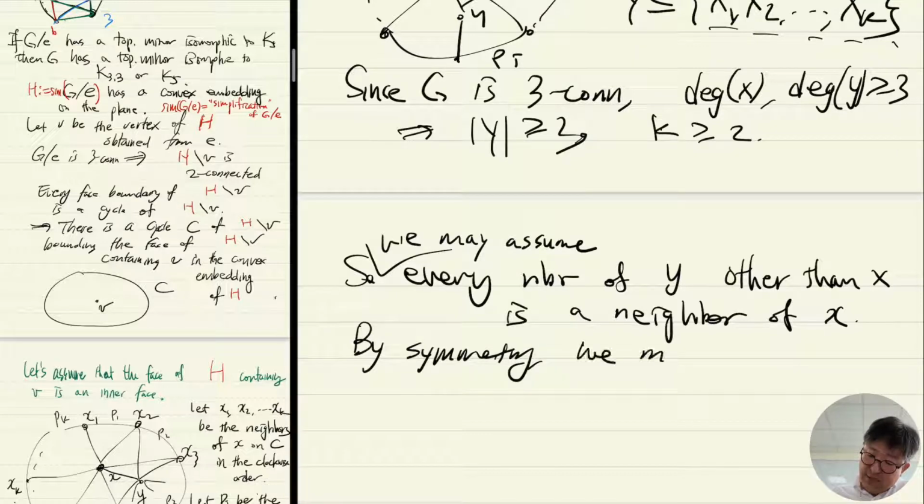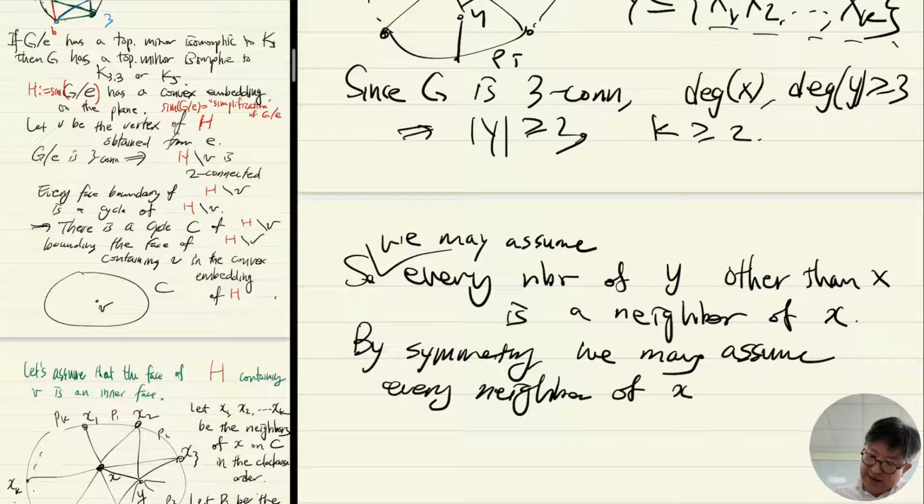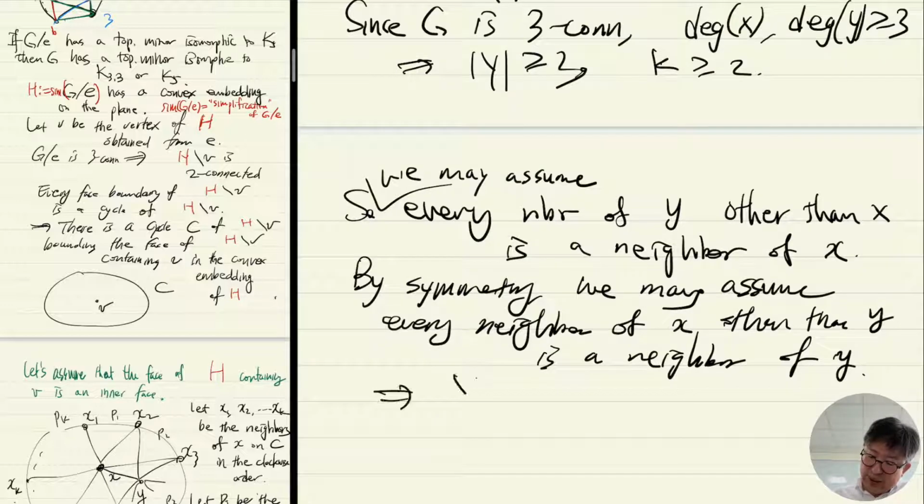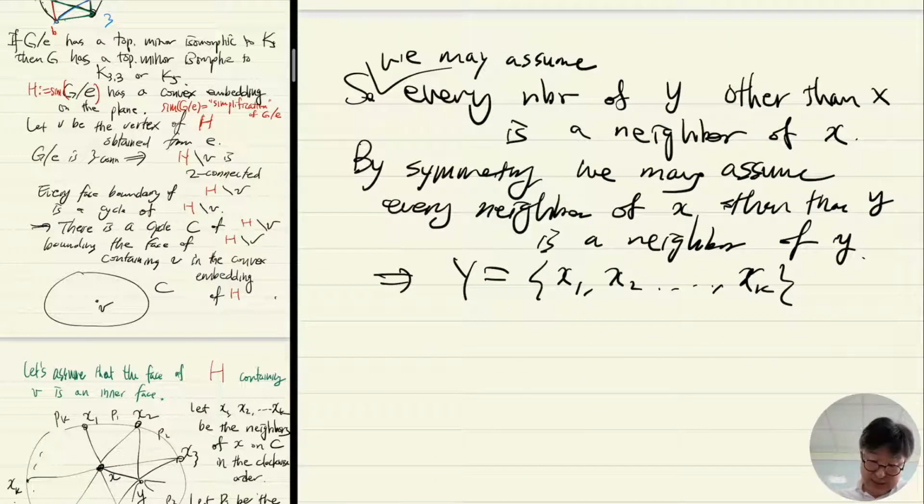By symmetry, we may assume every neighbor of x other than y is a neighbor of y. So that means the neighbors of y are equal to x1, x2, ..., xk. Right? That's surprising.